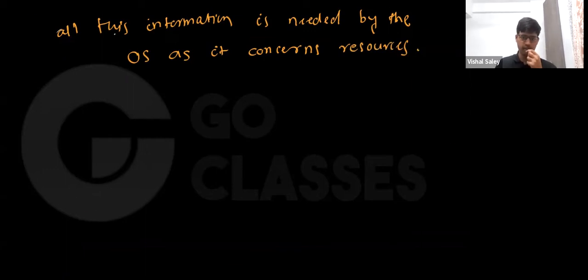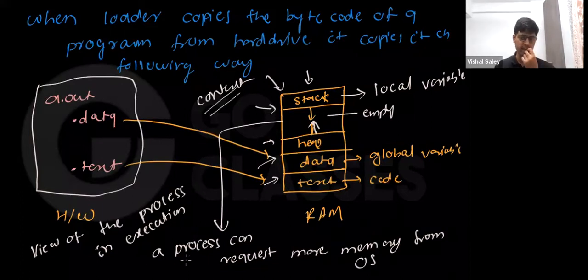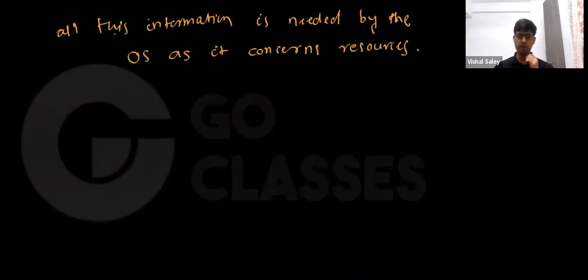See that all this information is concerned with resources, right? Like where is my memory, how exactly it is getting used, what are the files, which is basically the hard drive, how are they getting used, what are the things on the CPU, how are they getting utilized. All these things are required by the operating system because the operating system will manage the resources, and since the process is currently using these resources, it should know. All right, is this point understood? So it's the operating system's job to keep track of this entire context.